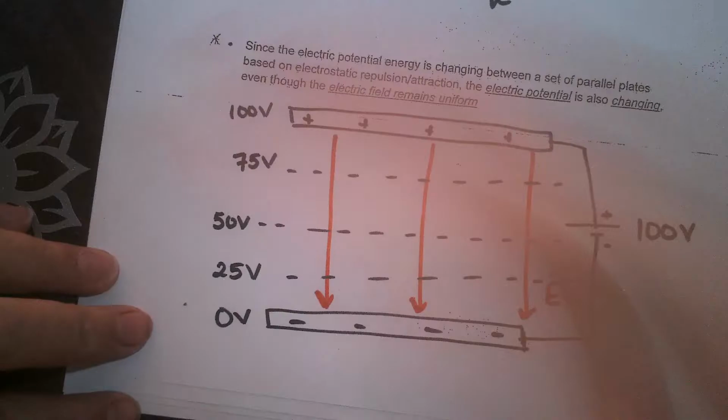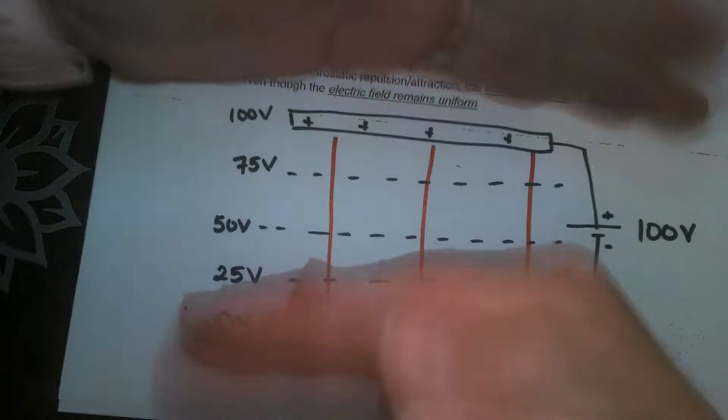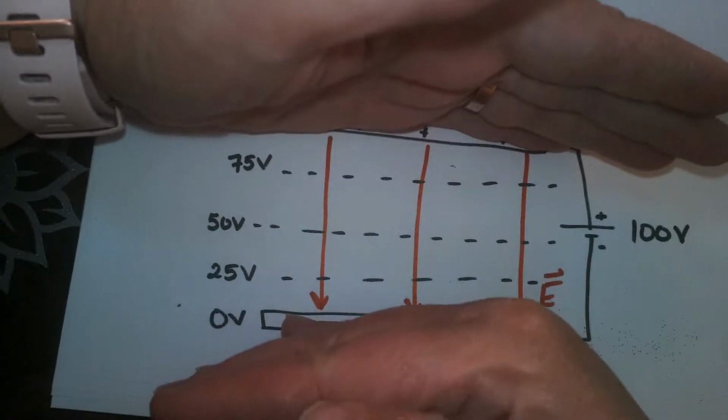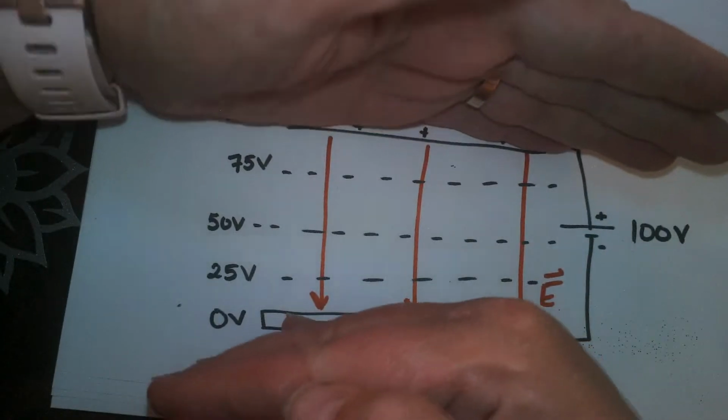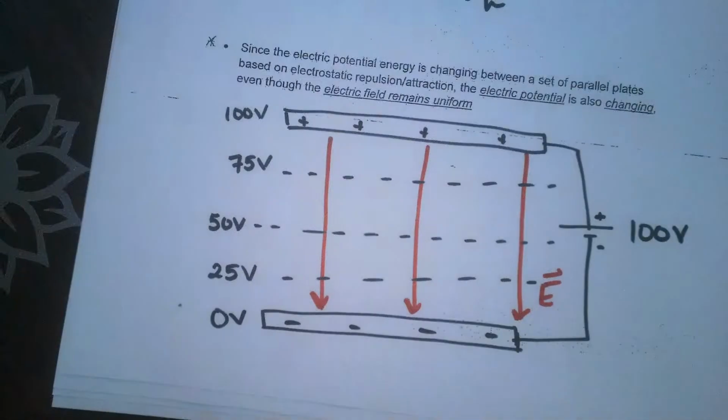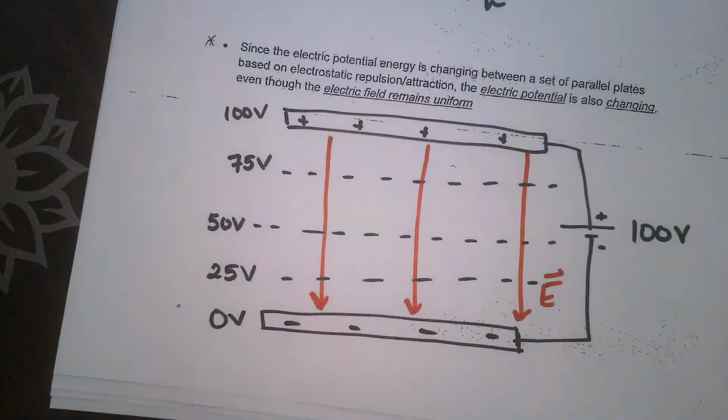The electric field strength is throughout the whole thing between the plates. The reason it's uniform is because the distance between these two plates is fixed. So if I look at E equals kQ over r squared, if I always have the same distance, no matter where I'm at in my formula, my electric field strength will never change.